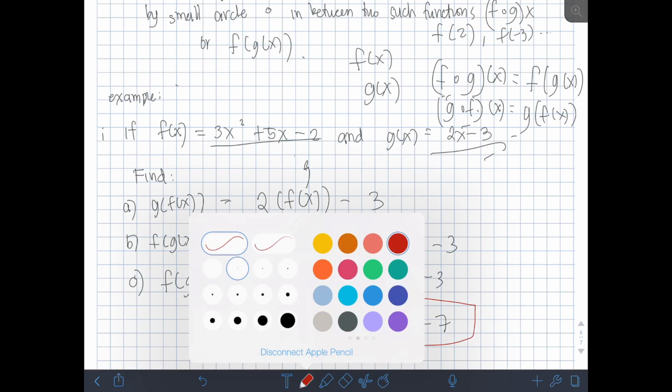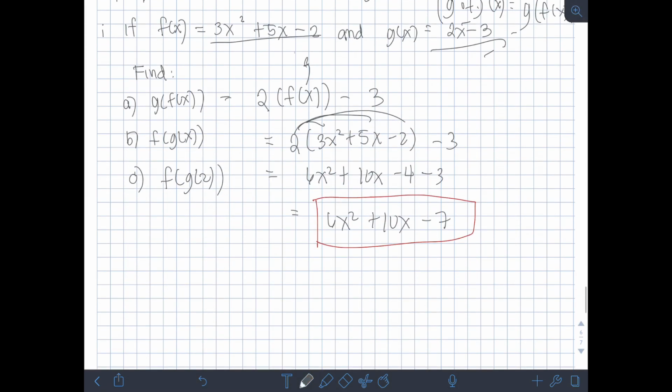Next, this time baliktad naman, f of g of x. This time, ang i-evaluate natin ay f of x sa value na g of x. So papalitan natin lahat ng x ng f of x ng mismong g of x function. So we have f of g of x is equal to, so we have 3x squared, right? So 3, and then yung x, papalitan natin ng mismong g of x.